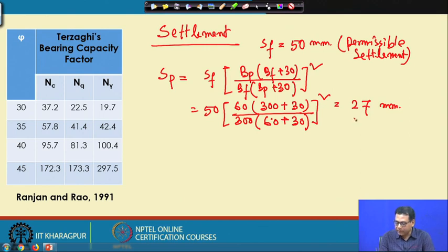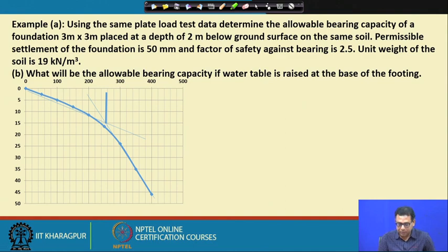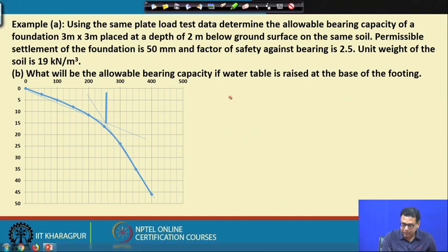So, we are getting 27 millimeter as the settlement of the plate corresponding to the permissible settlement of 50 for the footing. Now, if I go back to the load settlement curve, SP is 27 millimeter.